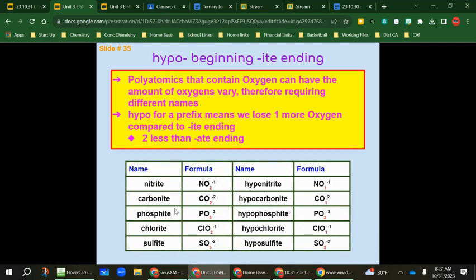By the way, I have the 1 here, but would we write it? No. I just put it here so that you can see that there's only one of them there, that we have lost a second. In the formula, we would not write this one. Carbonite, CO2, becomes hypocarbonite when it becomes just CO. Okay? Now remember, this is still an ion. It still needs to attach to what?